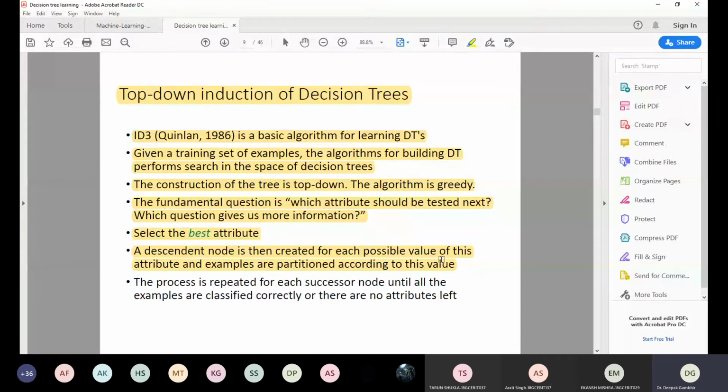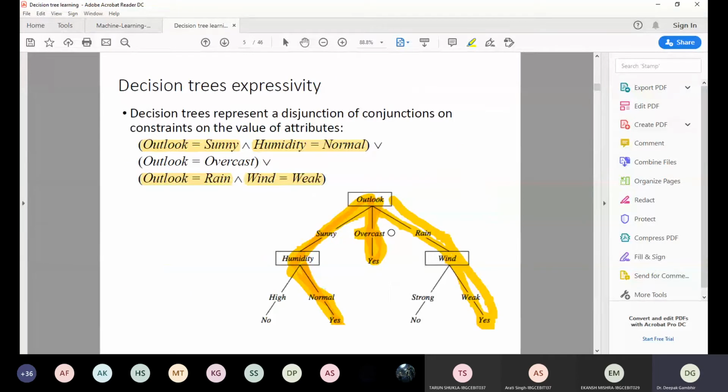Say in the case of outlook, there are three possible values: sunny, overcast, and rainy. Now instead of the rainy one, wind can be put at the sunny side. This is also tricky to choose. Outlook is sunny and then wind is chosen.